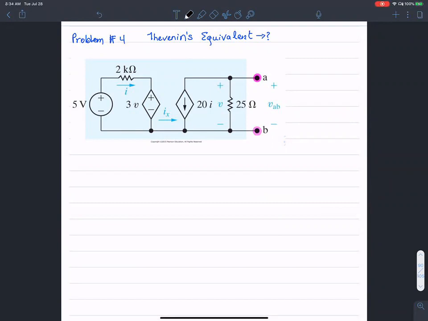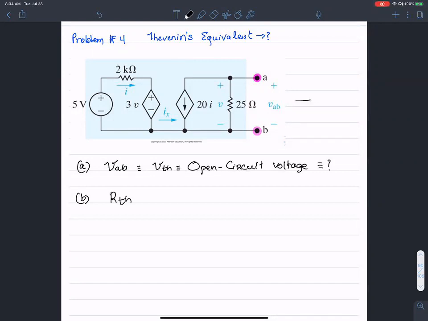In order to find the Thevenin's equivalent of the circuit, there are two things I need to do. I need to find the VAB, which is defined as V Thevenin or the open circuit. The second problem is to find R Thevenin.